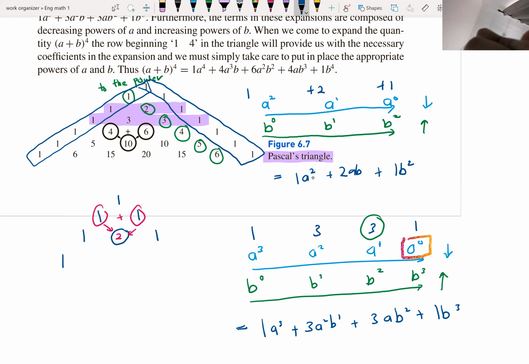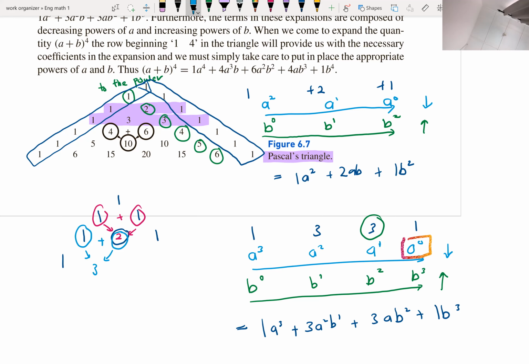This one and then this one, plus. What should it be? 1 plus 2 is 3, isn't it? So it will be 3 here.